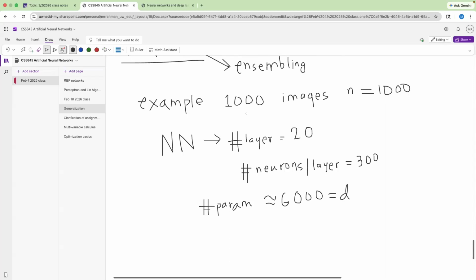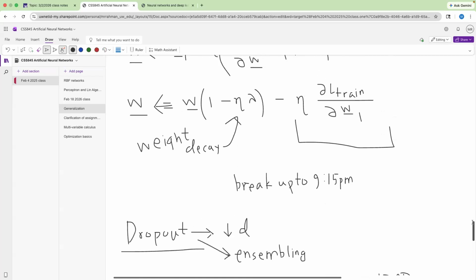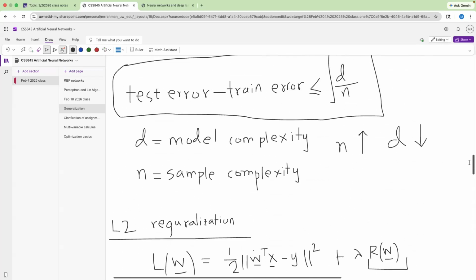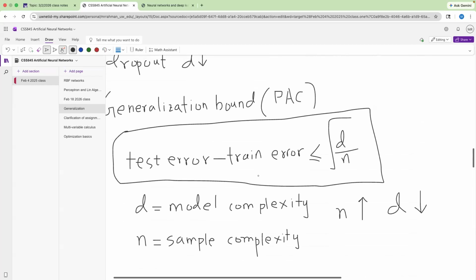So here the model complexity is larger than the sample complexity n, right? And we have this theory that the generalization is bounded by the square root of d by n. So in this example, d is 6,000, right? And n was 1,000.